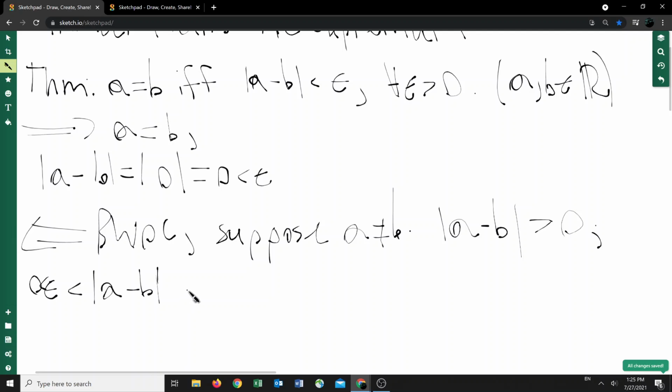But this is a contradiction, since we assumed that for all epsilon greater than 0, this holds.